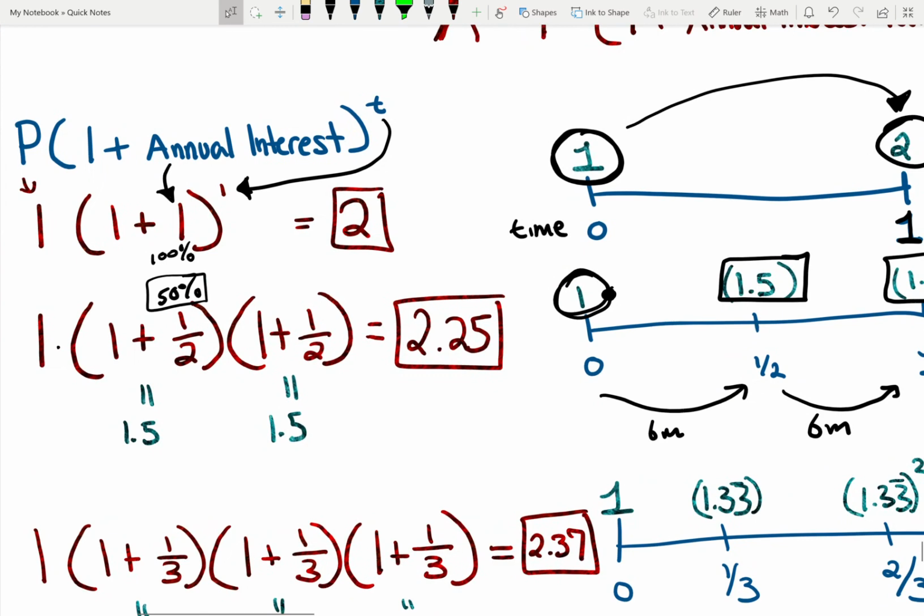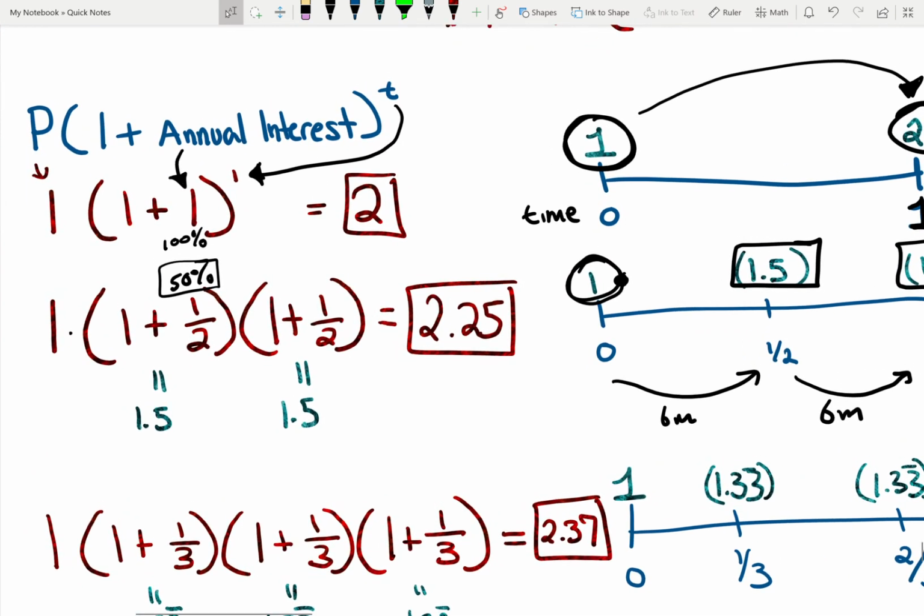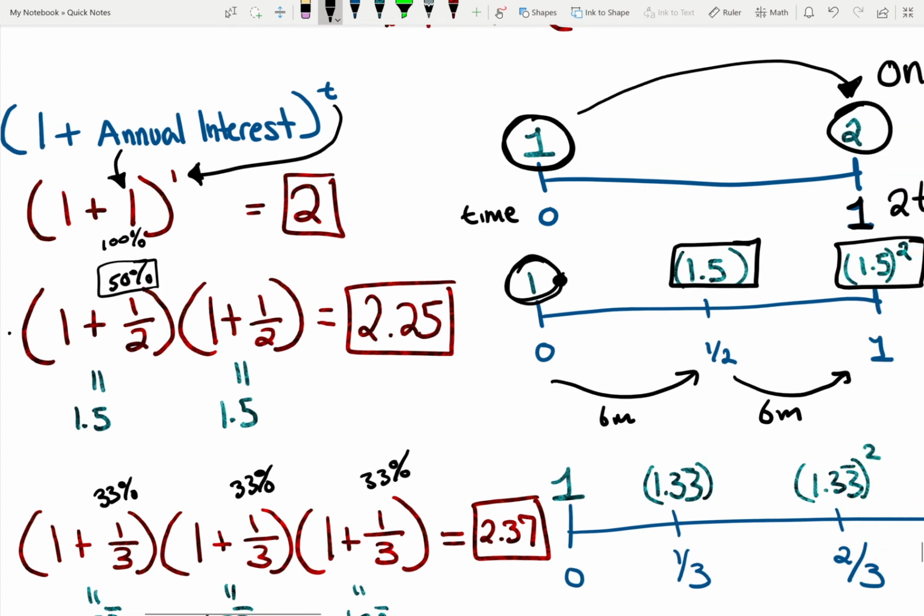What if I chose to take only 1/3 of that 100%? Like this. I take 1/3 of the 100%. So that's 33%, 33%, and 33%. I'm only taking 1/3 of that 100%, but 3 different times throughout the year. So every 4 months, right?